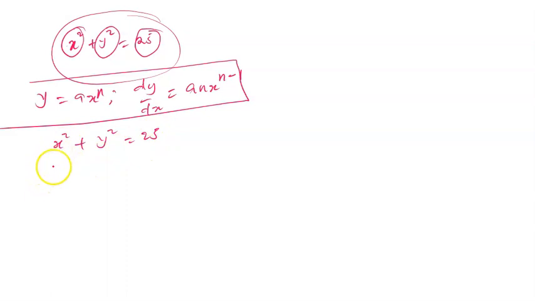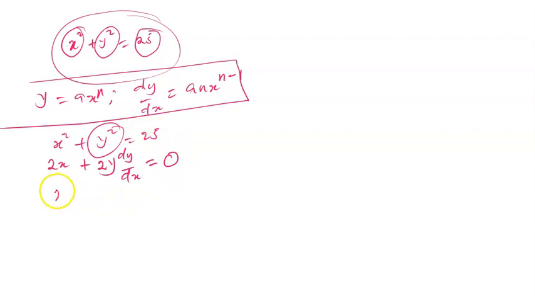The differential of this will be given as 2x plus, to differentiate y squared, just the same way here, we'll do 2 times y raised to power n minus 1, but here I have y squared. I'll pick one of the y as dy/dx, then I'll leave the other y. The derivative of 25, which is obviously a constant, is equal to 0.